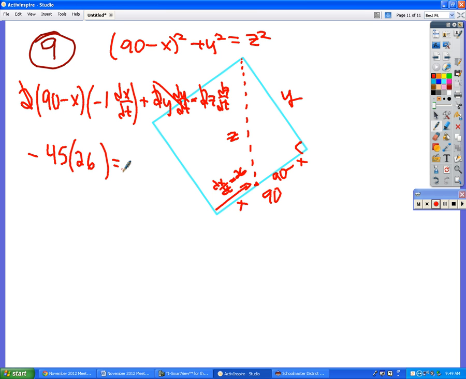Did anybody do the Pythagorean theorem and figure out what z is at the instant when this is 45 and this is 90? 100.6. 45 root 5 or something.